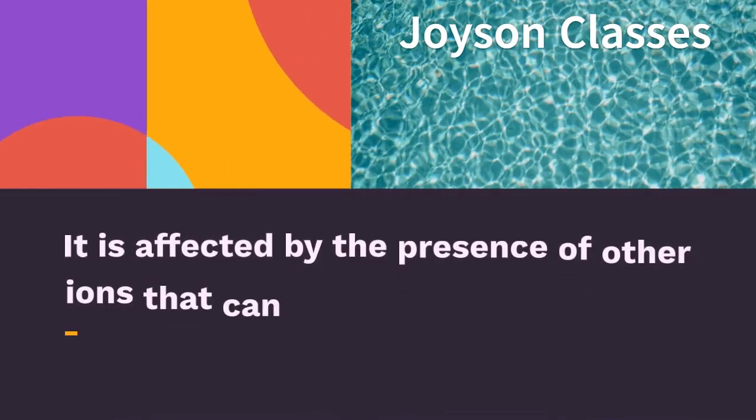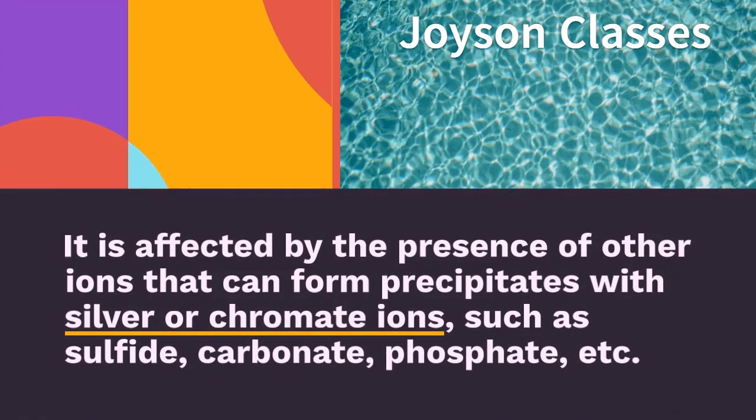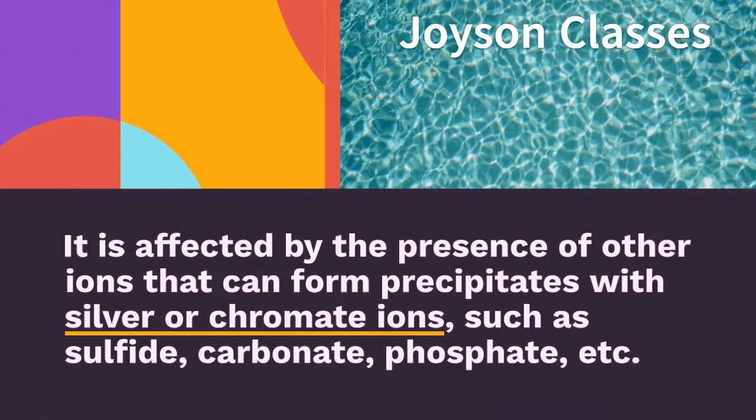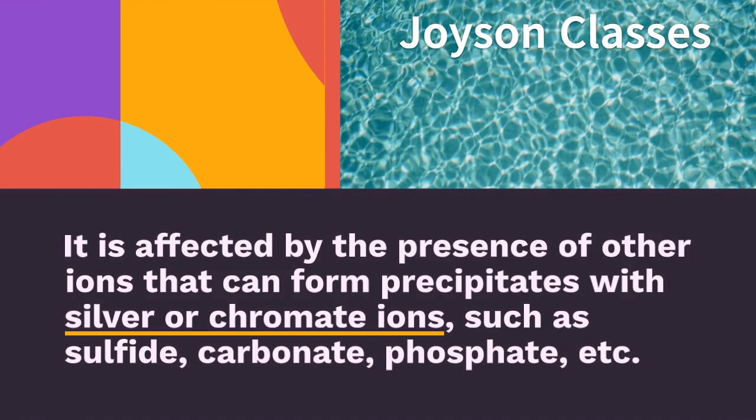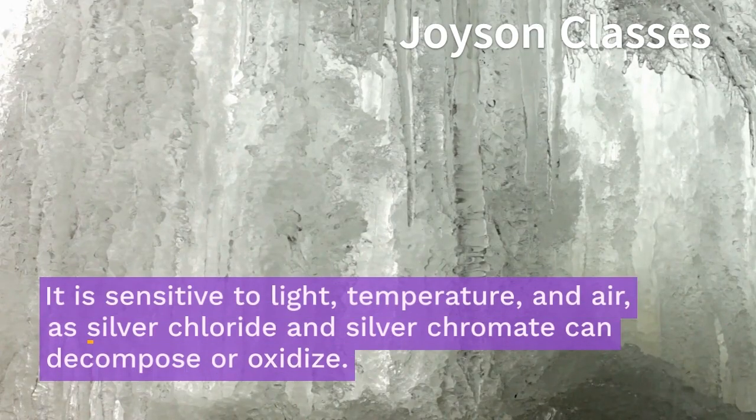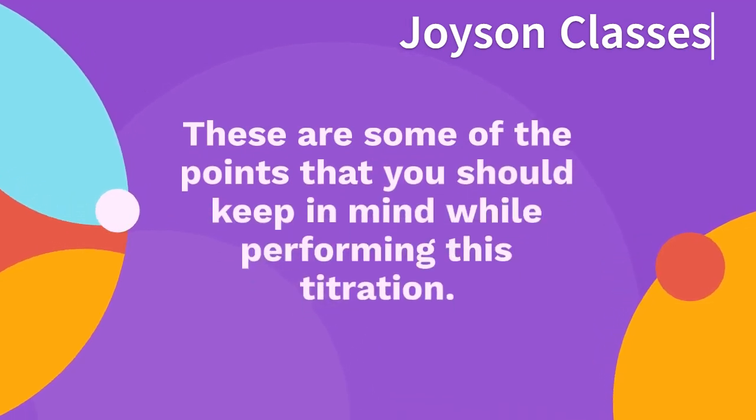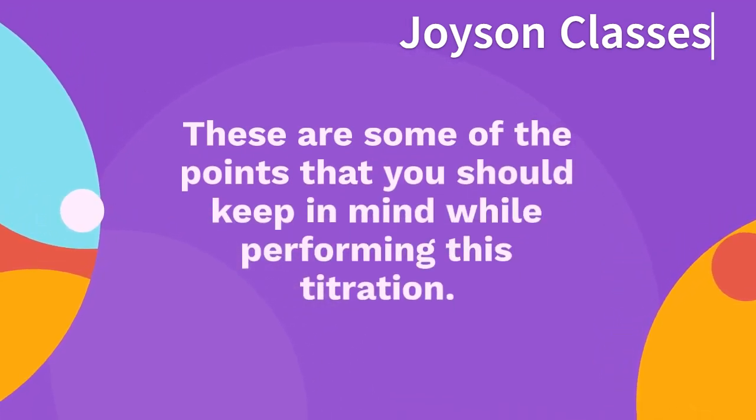It is affected by the presence of other ions that can form precipitates with silver or chromate ions, such as sulfide, carbonate, phosphate, etc. It is sensitive to light, temperature, and air, as silver chloride and silver chromate can decompose or oxidize. These are some of the points that you should keep in mind while performing this titration.